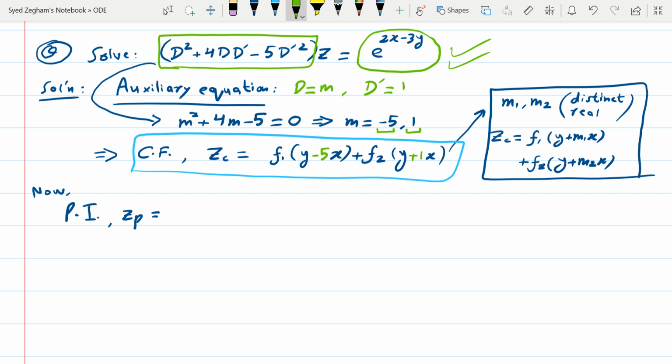Now here we have an exponential function, e to the power 2x minus 3y. So in this case, how to find the particular integral?